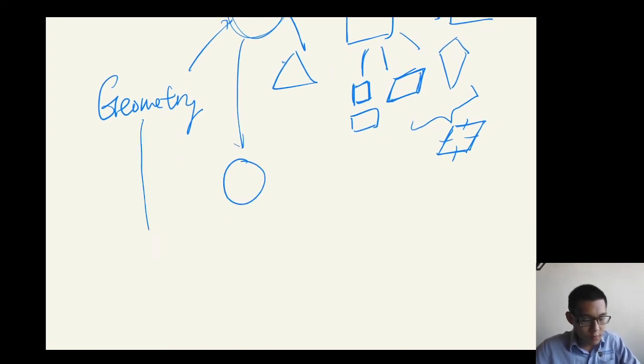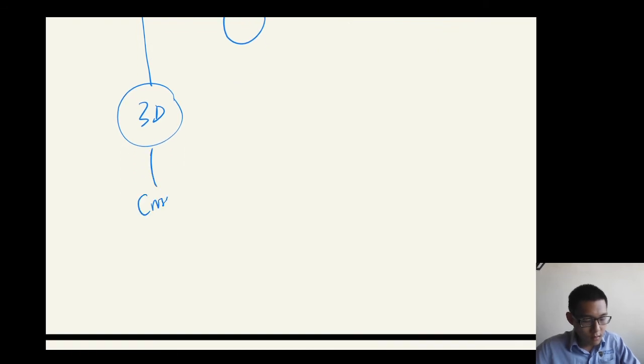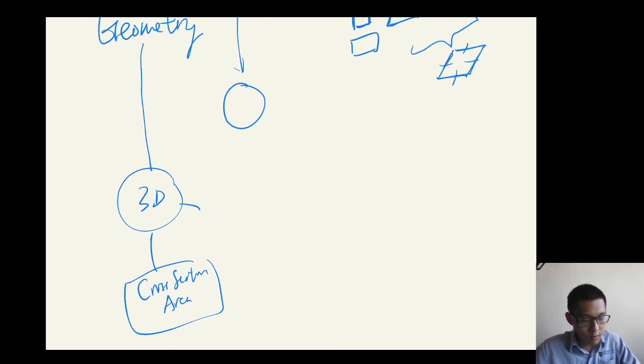After 2D we can relate to 3D, where we need to count the cross section area again. We need to look at it one by one. While for 3D, about the volume, we can try to relate. For the sphere, it is 4 over 3 pi r cube.